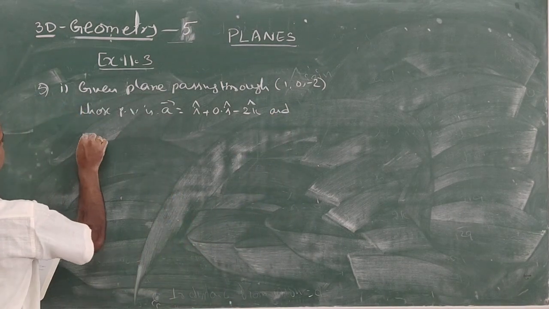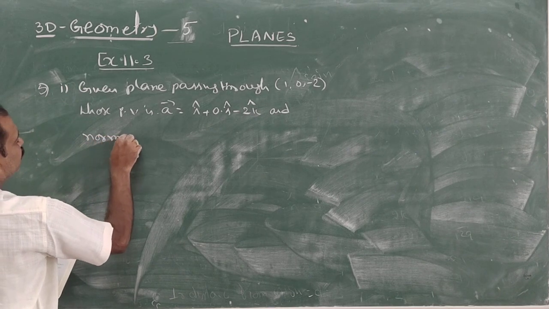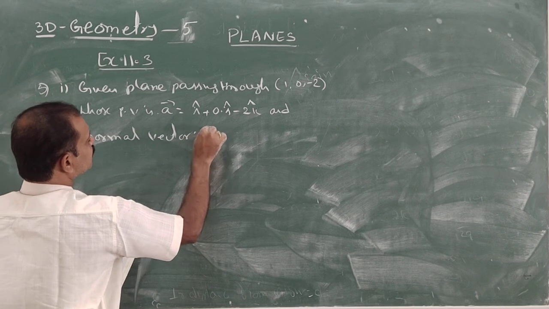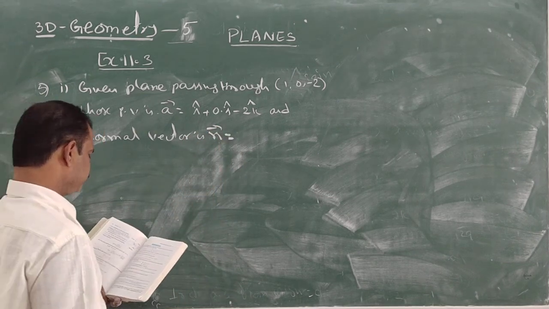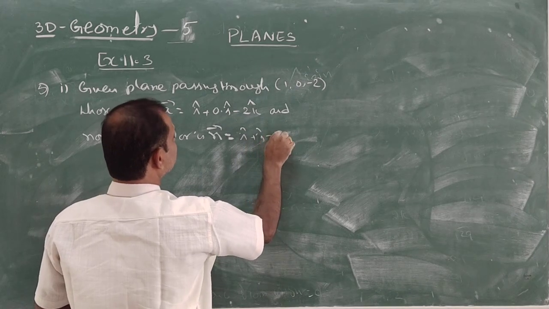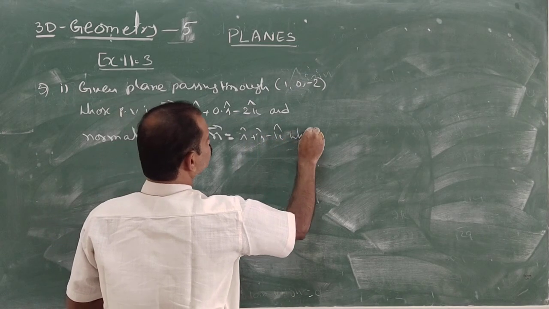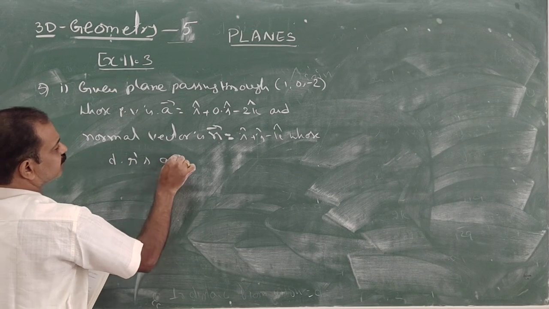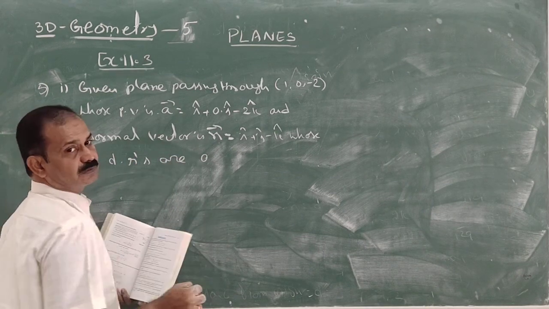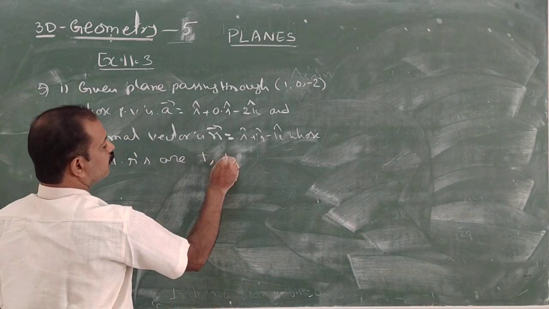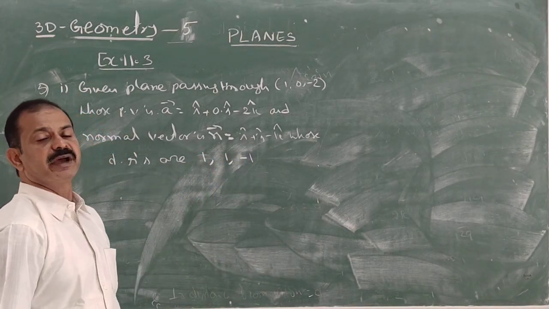And the normal to the plane, the normal vector n, is given as i plus j minus k, whose direction ratios are 1, 1, -1.